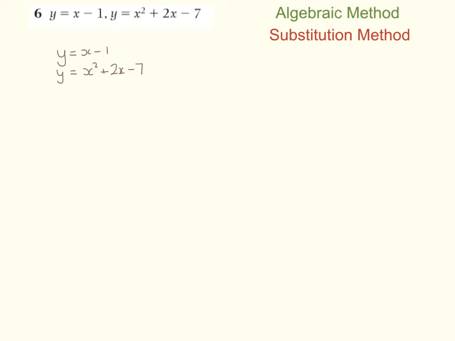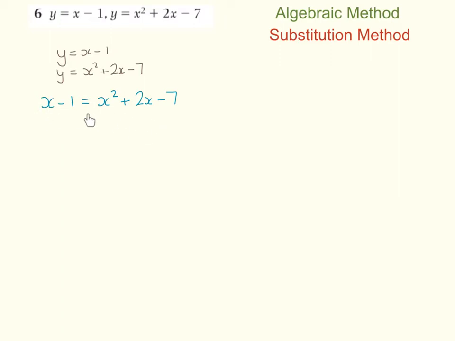You can also think both things are equal to y, so therefore x minus 1 must be equal to x squared plus 2x minus 7, because both expressions are equal to y. That's how we set up an equation with just x in it as the unknown, and we solve that then. Now, this is an A-star topic, so the examiner is going to be expecting you to notice that you've got a quadratic there.